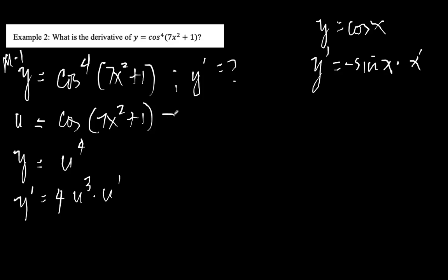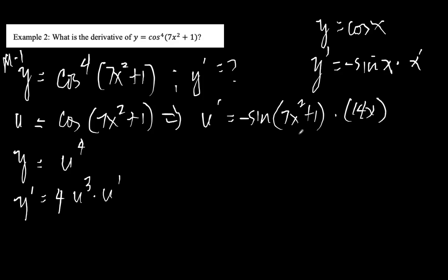And we can differentiate u. So u prime is equal to, what's the derivative of cosine? That's negative sine, copy, 7x squared plus 1. And since this is still another function, we need to differentiate this. This becomes 14x, correct?